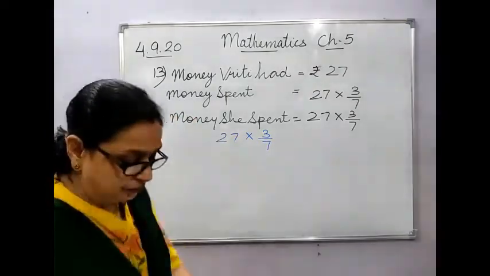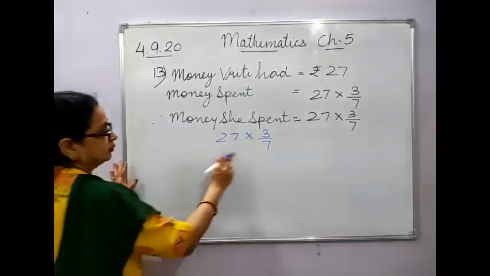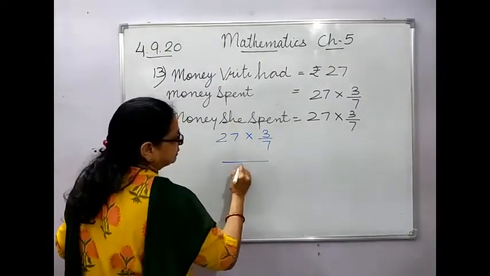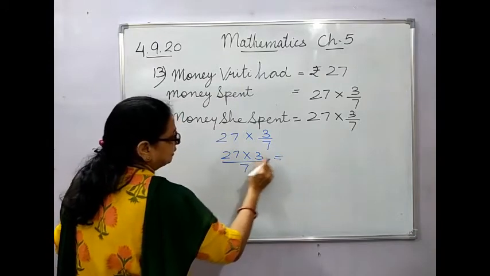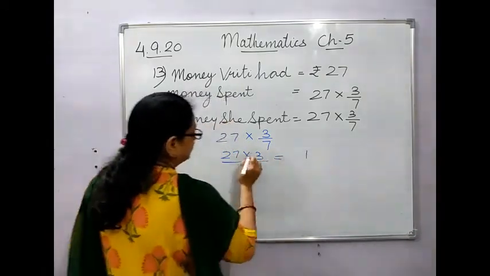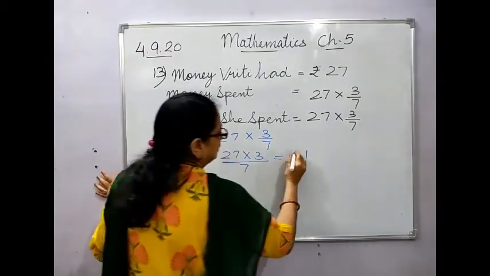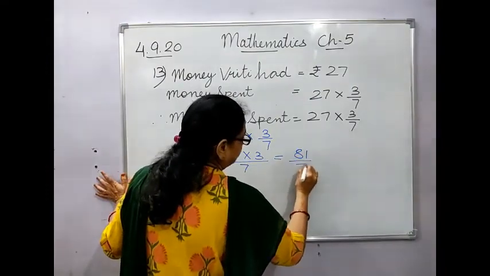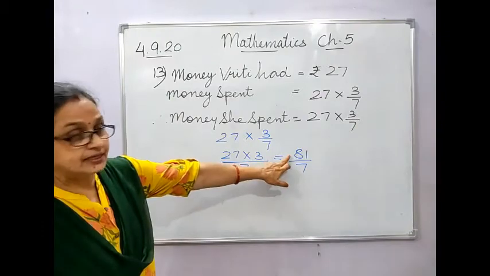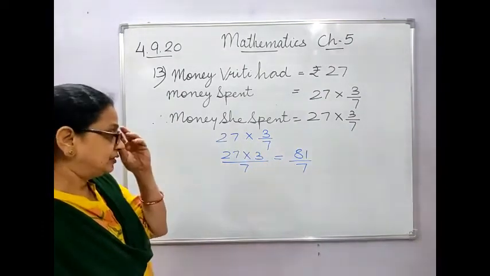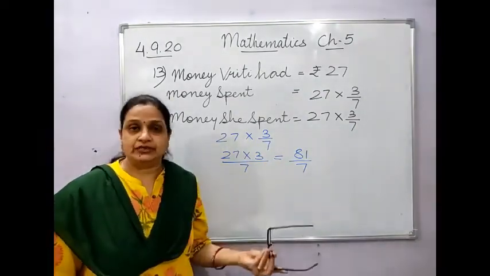Now how will you do it? You will simply know that in multiplication the denominators remain the same. You multiply the numerators. 3 7s are 21, 2 carry, 3 2s are 6 and 2 is 8, so 81 upon 7. Now this numerator is greater than the denominator, that means you have to convert this into a mixed fraction.